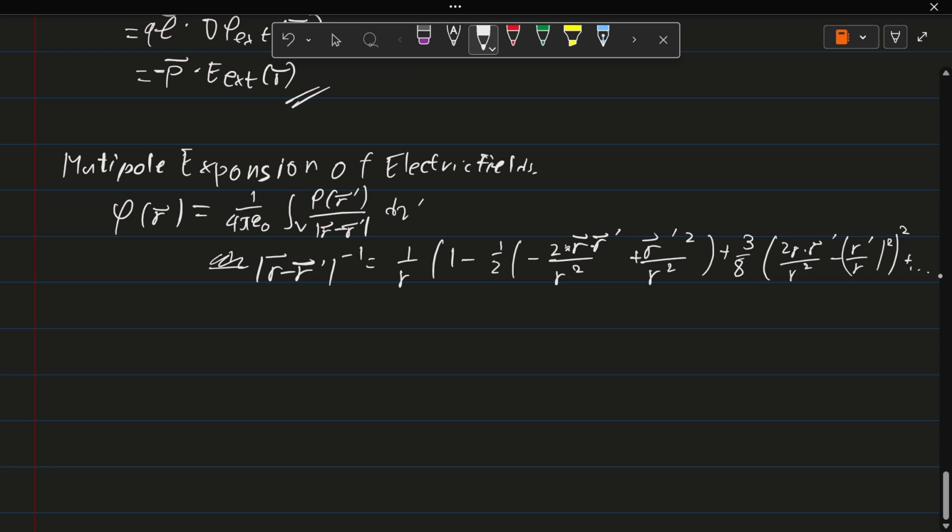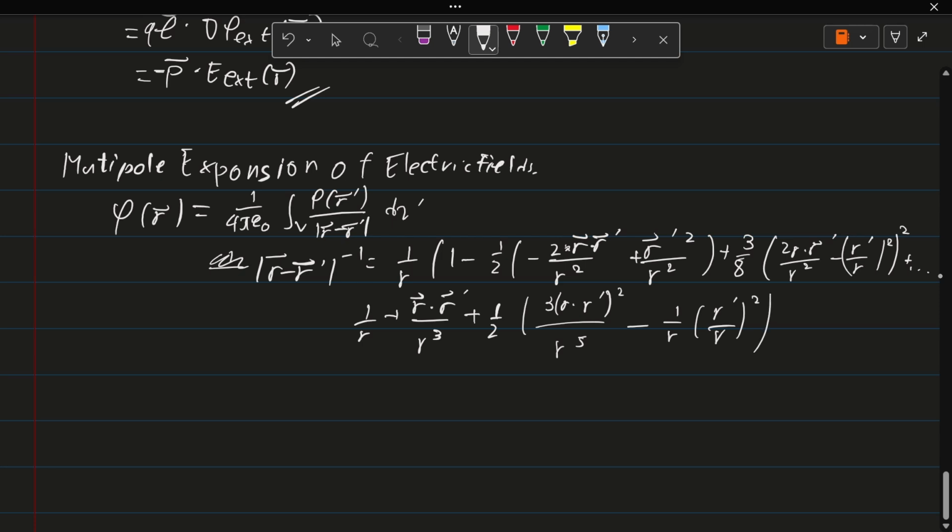Now if you simplify this entire thing, what you get is 1 over r plus r vector dot r vector prime over r cubed plus 1 over 2 of 3 times (r dot r prime) squared over r to the power 5 minus 1 over r times r prime squared over r squared, and some other terms which we will ignore for this case.